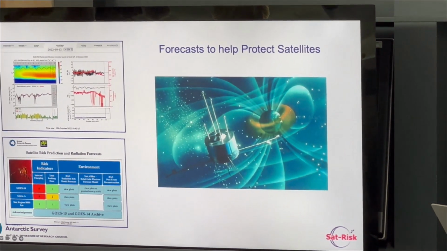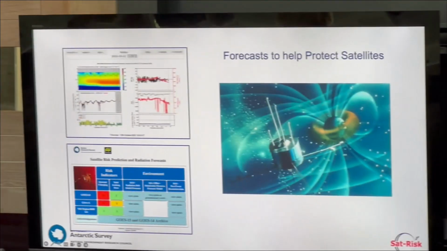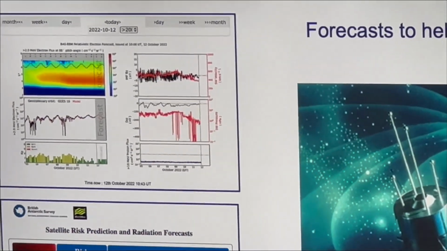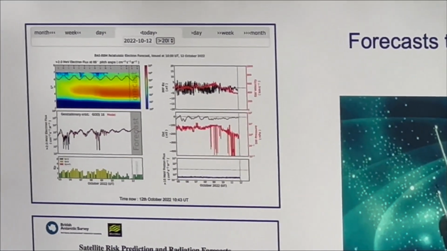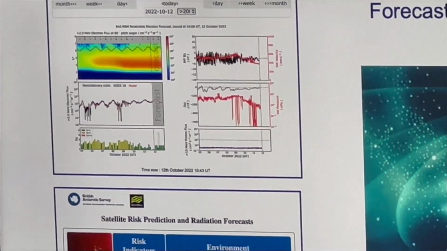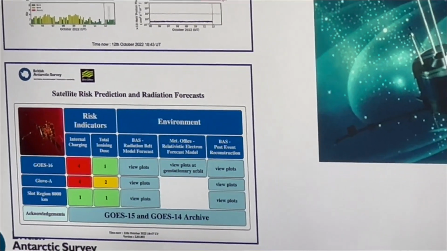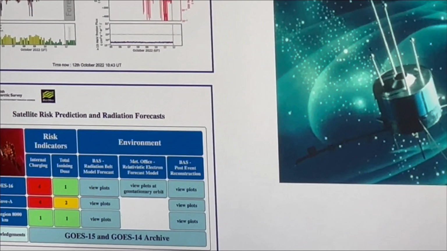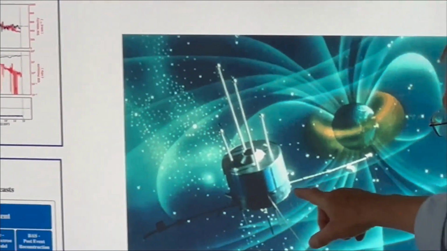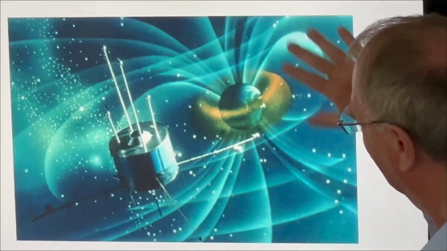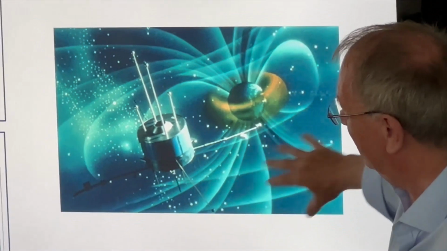So that was our piece of basic research, and then we developed a computer model which would forecast periods when the numbers of these charged particles would be elevated, and so would be a risk to satellites. Here's a nice artist's impression of the satellite, with the magnetic field.